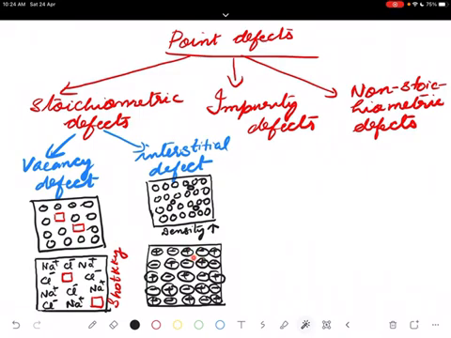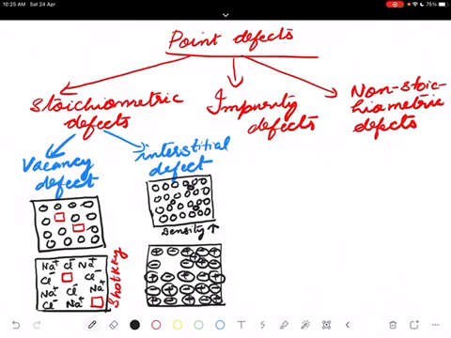So the ion is dislocated from its normal site. So I am removing it from here, and that positive ion is dislocated from its normal site to an interstitial site. Interstitial site means void or gap.